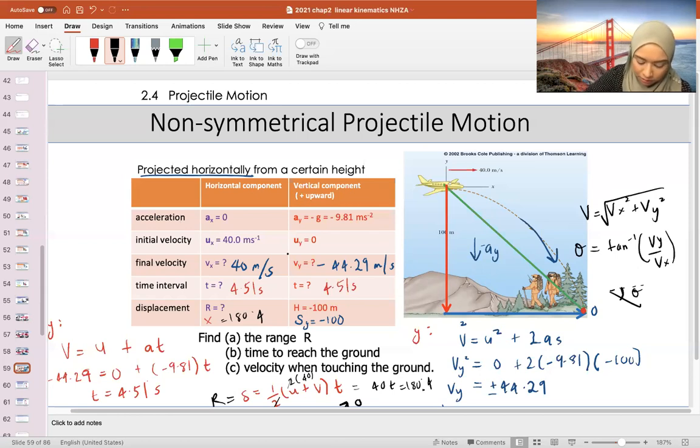Inverse tangent of that answer, you get minus 47.9. So this is 47.9 degrees. The minus in the calculator indicates that it is below the x-axis, which makes sense because our final velocity points this way. So it's below the imaginary x-axis that we always have to draw ourselves.